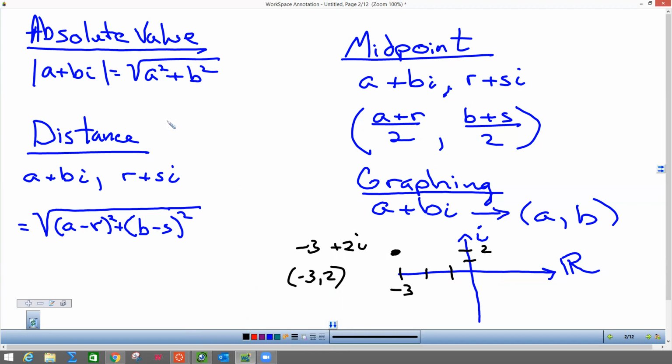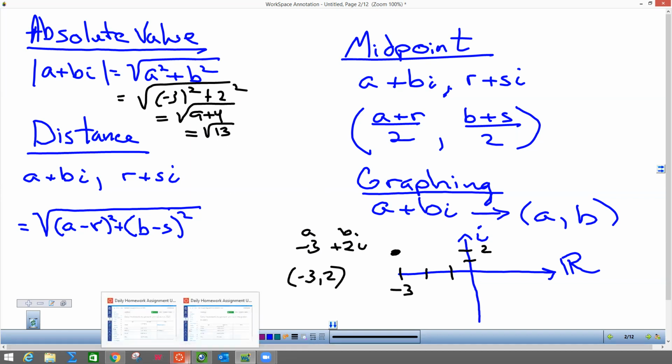Now, if they want to know the absolute value of this thing, up here we would simply do the square root of -3 squared, because this is the a part, plus 2 squared, because that 2 is the b part, and we would get the square root of 9 plus 4, which is the square root of 13.